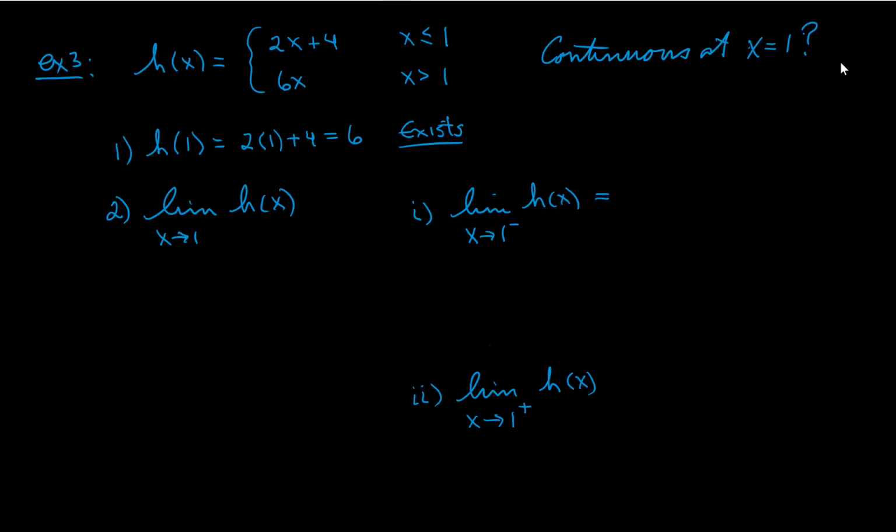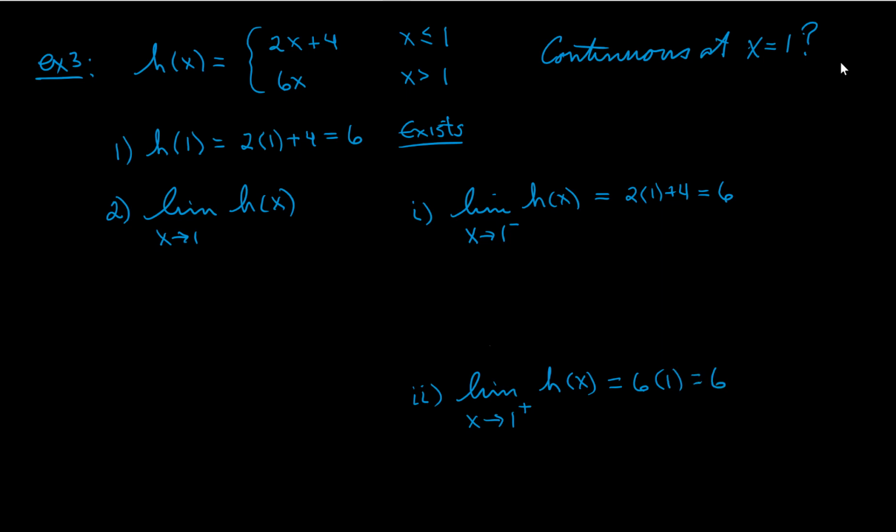If we're coming in from the left-hand side, we have the first function. And we evaluate that, and we get 6. So coming in from the left side, I use this because that's for x less than 1, and we get a value of 6. Then coming in from the right-hand side, which is x greater than 1, I'm going to use this, which is going to allow us to say, okay, we have 6 times 1, which is 6.